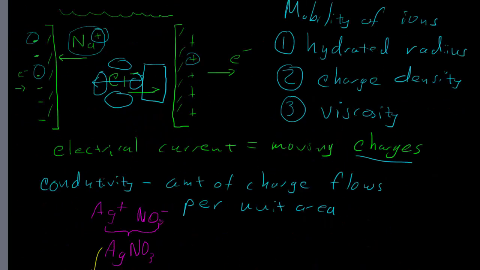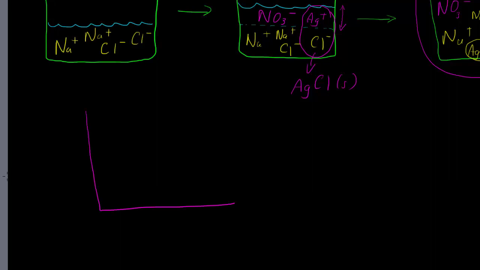So if we were to do a graph of conductivity, so I'll abbreviate it that way, conductivity is typically measured in units of microsiemens. That's described with a capital S as the abbreviation, per centimeter. So this would be the typical unit for conductivity. And down here we're measuring the volume of our titrant that we're adding, and so this is the volume of silver nitrate solution that we're adding from our burette.